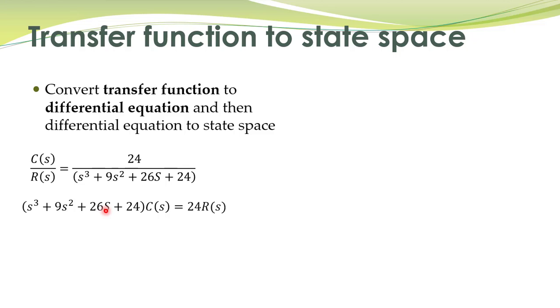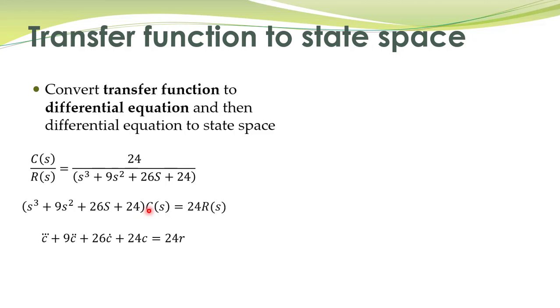So what is s multiplied by C of s in the time domain? Right, the time derivative of c, that is s multiplied by C of s. Likewise, s square multiplied by C of s is c double dot, the second derivative of c with respect to time, and s cube multiplied by C of s is the third derivative of c with respect to time.